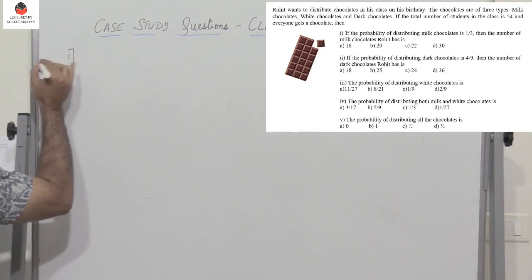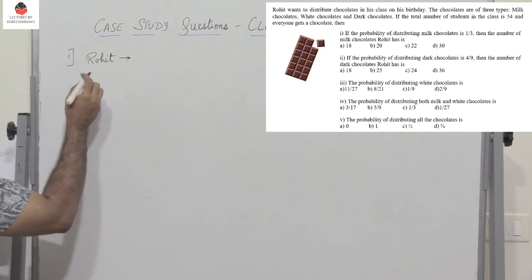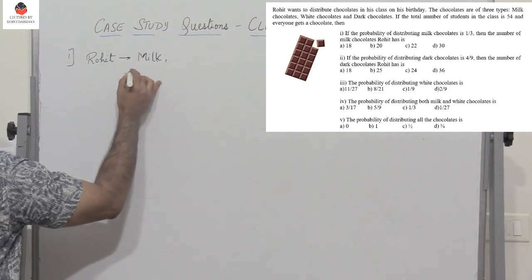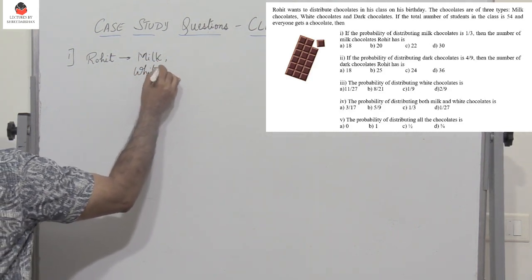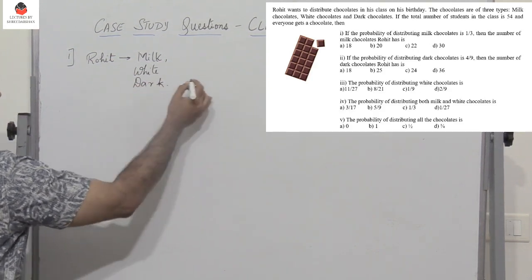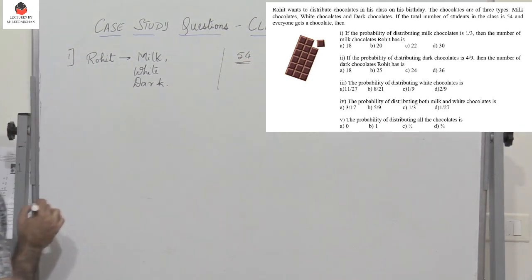So in the first question, Rohit has three types of chocolates. One is milk chocolates, and then you have white chocolates and dark chocolates. The total number of students is 54. So 54 is the total number of students.